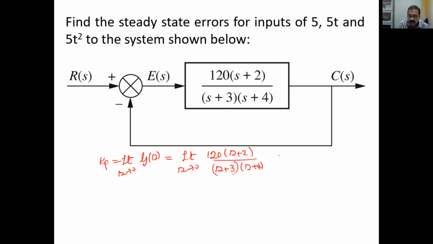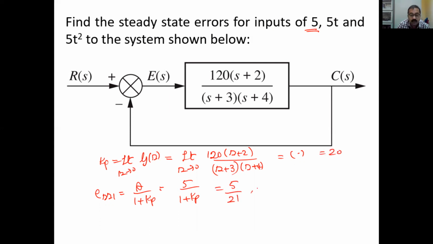So that will be some finite value, right? So what will be the corresponding error? Ess1 will be what? A divided by 1 plus Kp. What is A here? A is 5. We are considering a step input of magnitude 5. 5 divided by 1 plus Kp. It will be a finite magnitude. So if you solve, you should get a value of 5 divided by 21. So this must be 20.